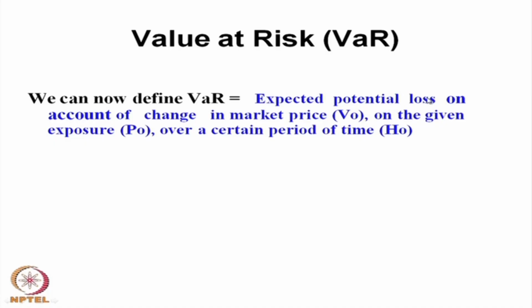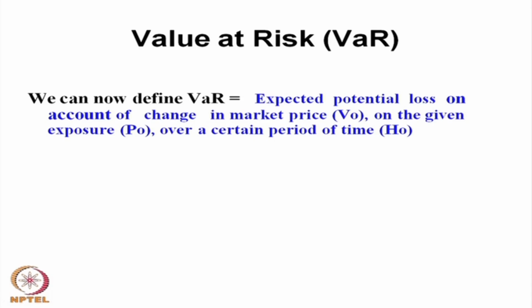We are not discussing any actual loss here; we are discussing potential loss. Why potential? Because we are using past historical data to predict the future. The future has not arrived, so all our calculations are expected potential loss on account of change in market price.